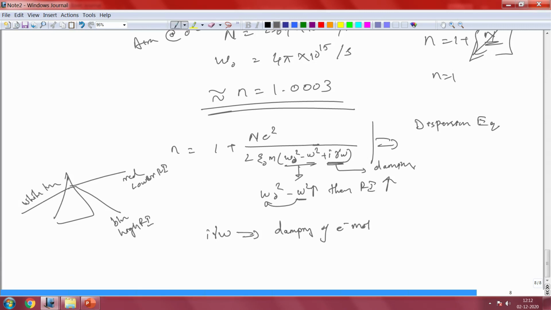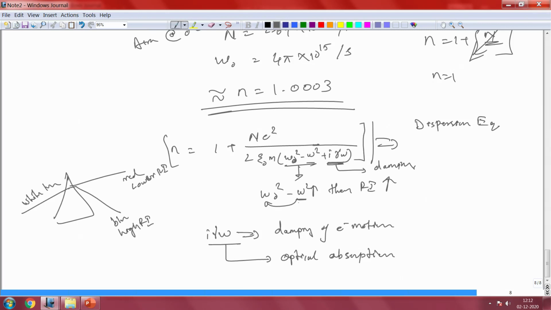It is trying to restore it, and this is what causes absorption. When light is propagating through the medium, at certain frequencies you will see that you start absorbing. That is again an interesting way to look at the dispersion equation.